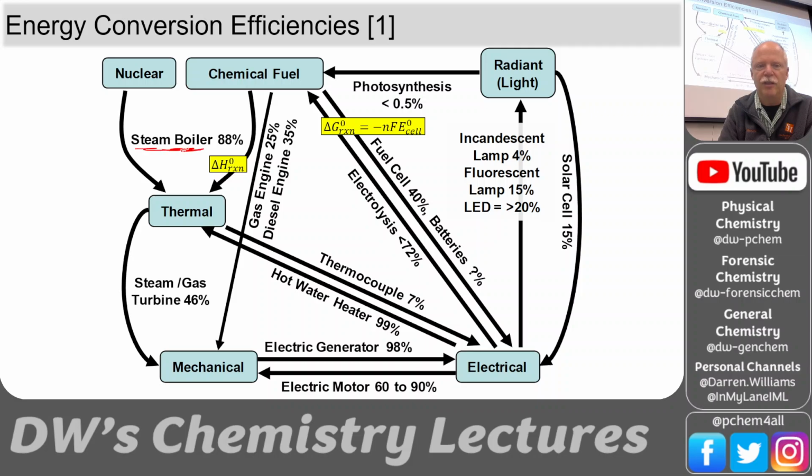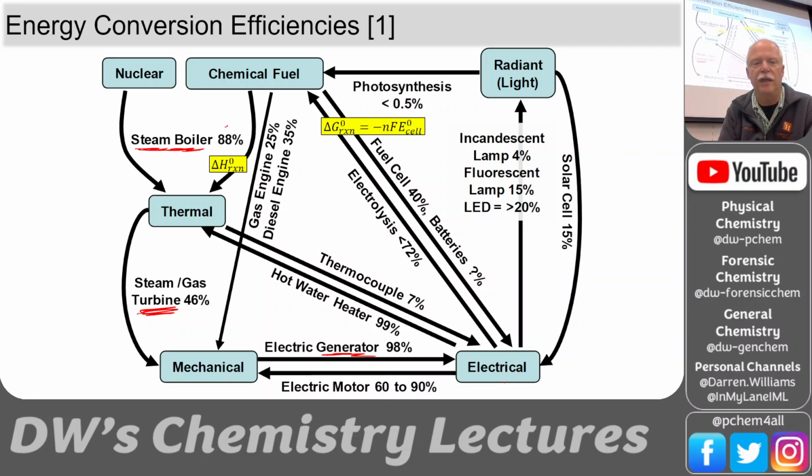Like if we're going to make electricity, we burn something, make heat, and capture that heat in steam. And so then that steam is thermal energy, and then we can spin a turbine. So we can take that steam, run it through a turbine, and make mechanical energy. And then that mechanical energy through a generator can generate electricity. So that's the path that we use to convert from a fuel, a chemical fuel, to electricity.